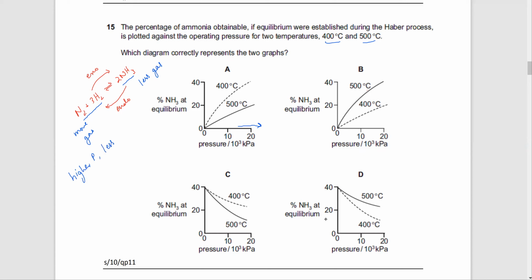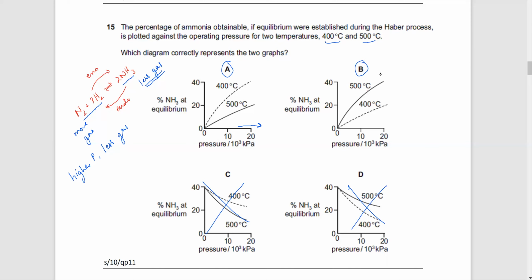At higher pressure, less gas is going to be produced, which means more ammonia, because the forward reaction would be favored. So as the pressure increases, the amount of ammonia would increase as well. So it's either A or B. So these two are definitely incorrect.